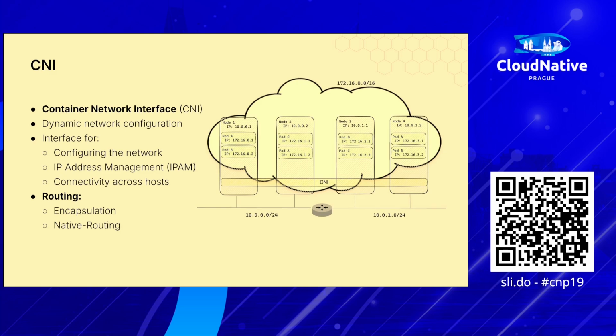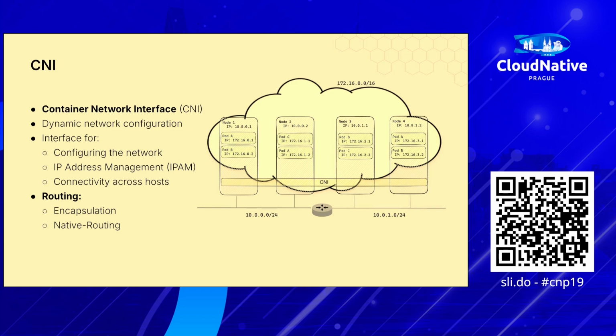The specific implementation can be done in different ways. To get those workloads interconnected, you need to configure routing between them. Two typical implementations are either encapsulation, what's called an overlay network. One of the technologies possible there is VXLAN.